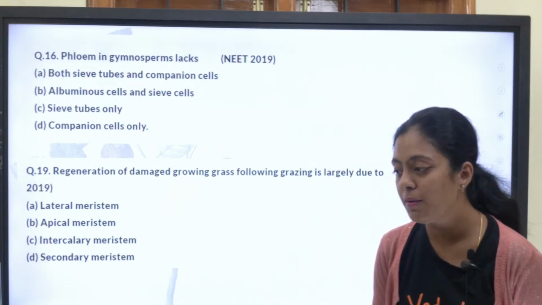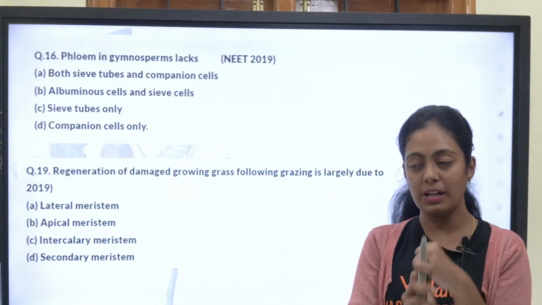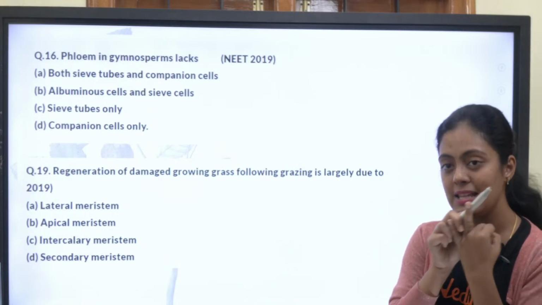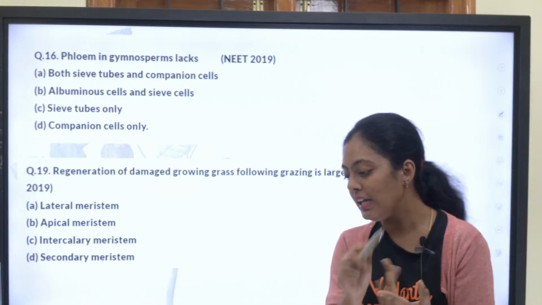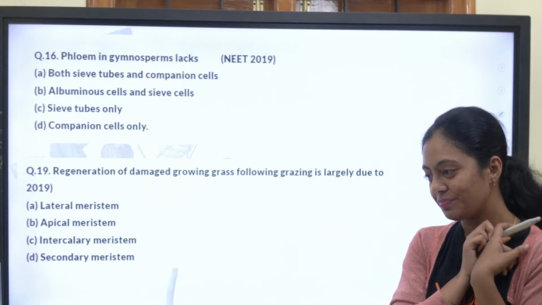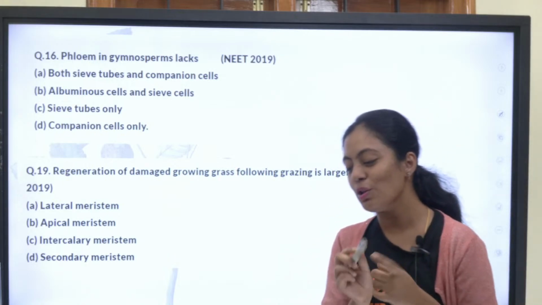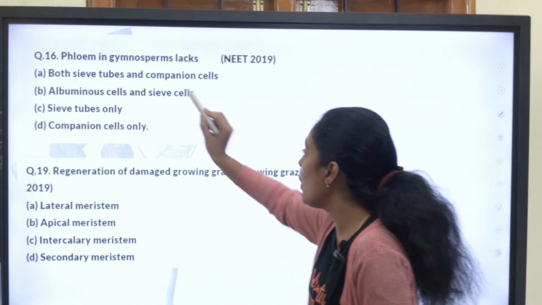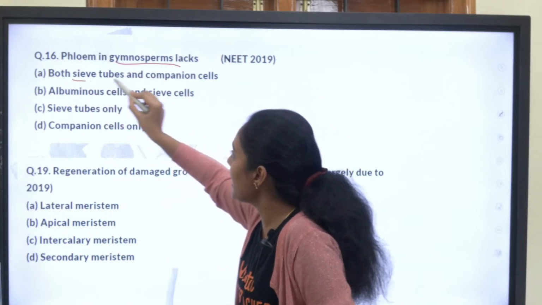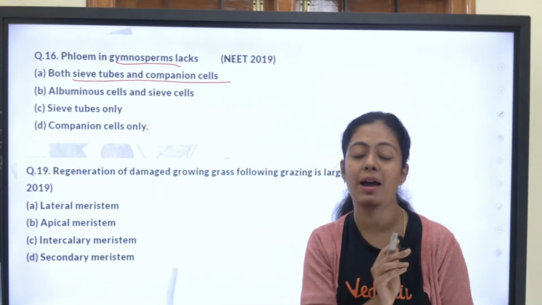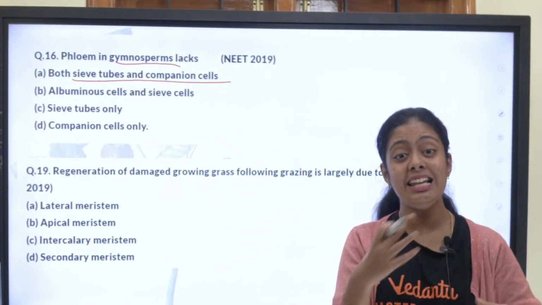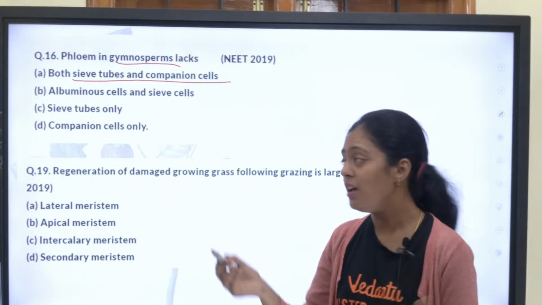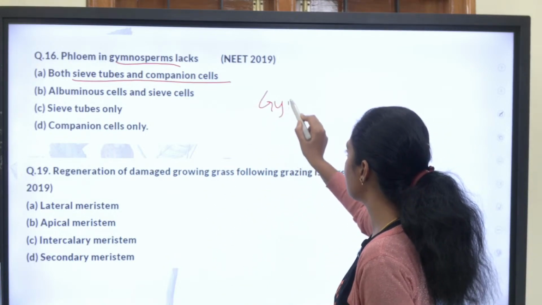Phloem in gymnosperm lacks: both sieve tube and companion cell, albuminous cell and sieve cells, sieve tube only, companion cells only. Very good, both of you. Very nice answers. This is given in your NCERT. Your phloem in gymnosperm lacks both sieve tube and companion cell. So what does gymnosperm phloem have, pasangla?